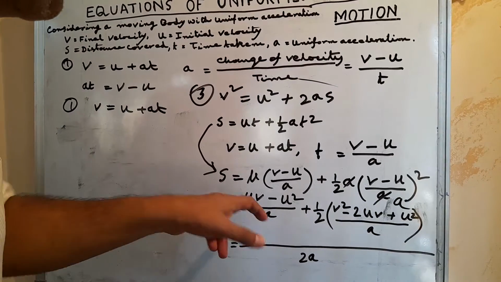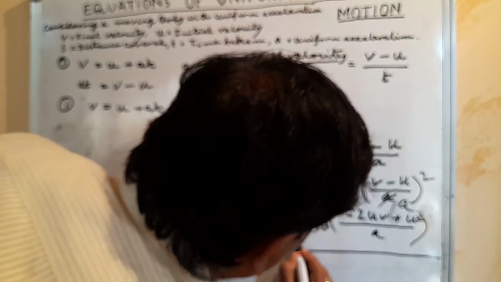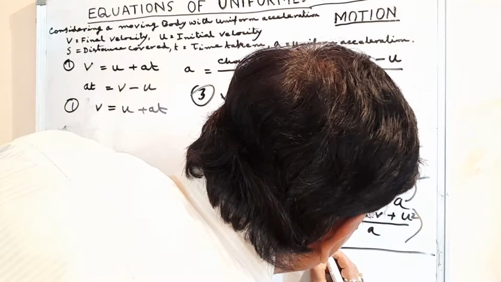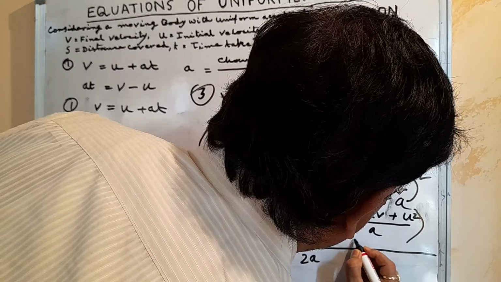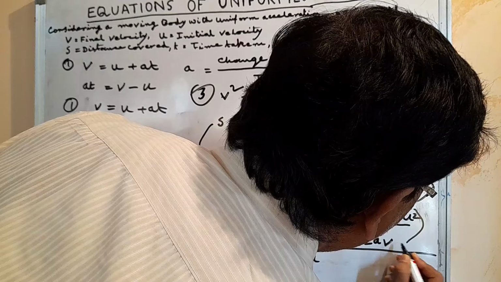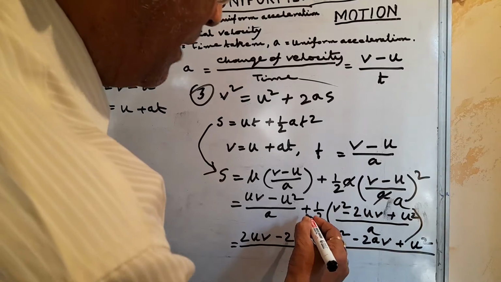Here there is no 2, so this will be multiplied by 2: 2uv minus 2u square, this will be equal to v square minus 2uv plus u square over 2a.